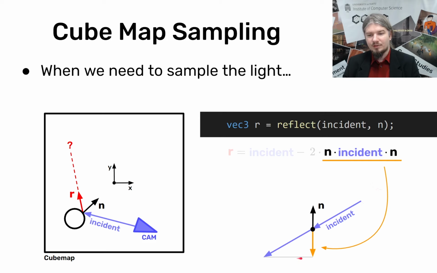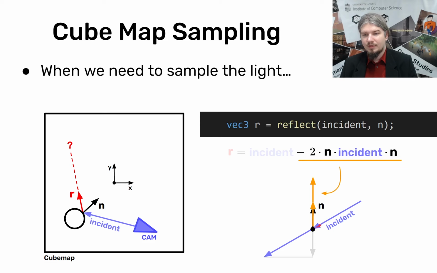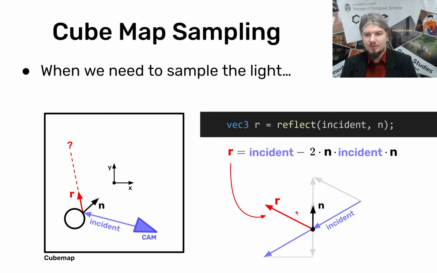The scalar projection gives us this distance, the distance we need to travel to this point, but we also multiply it with the surface normal itself, so in the end we get a vector that is pointing over here. Next we take minus 2 times that vector. This is shown over here. Next we add that to the incident vector, resulting in a vector like this. And this vector is actually the reflection vector. So this is how the reflect method works geometrically.